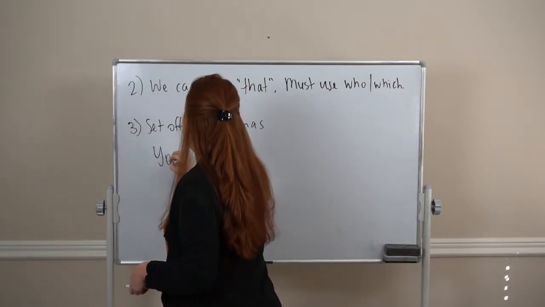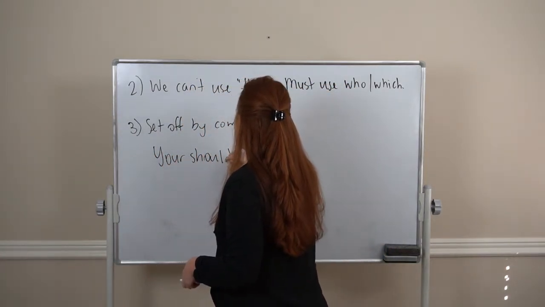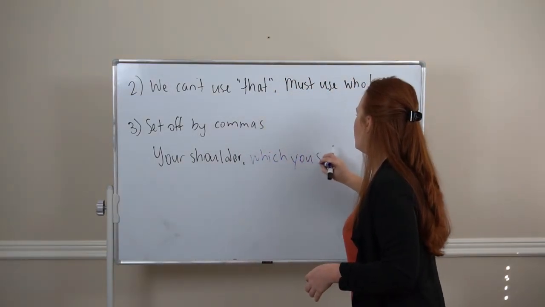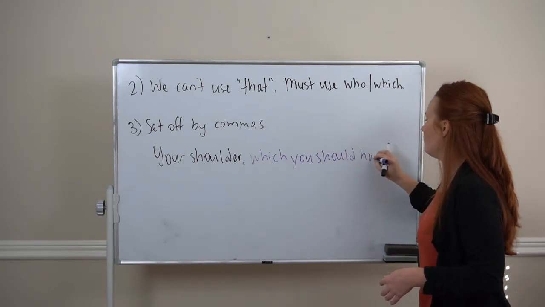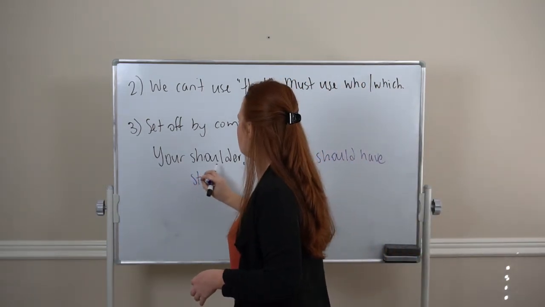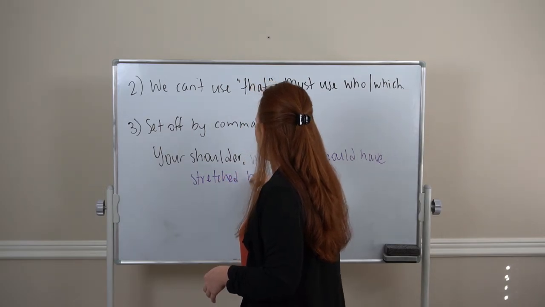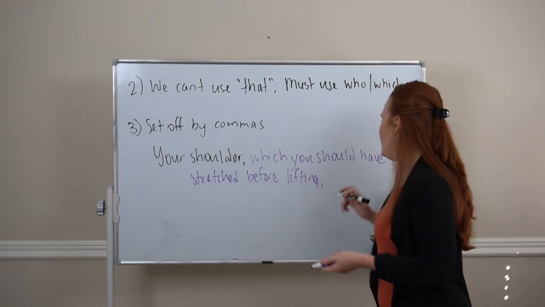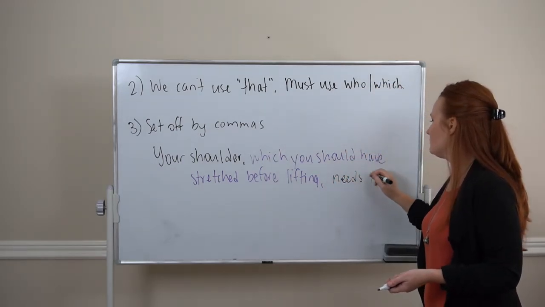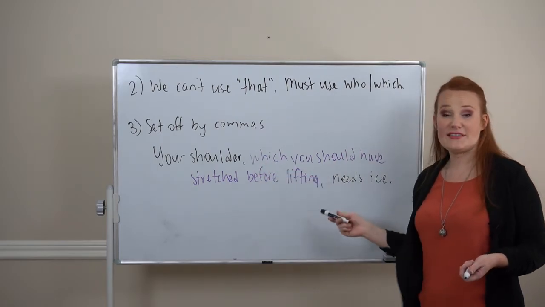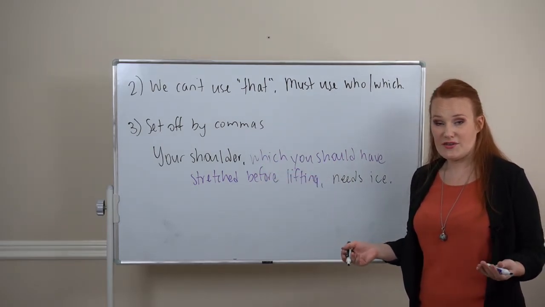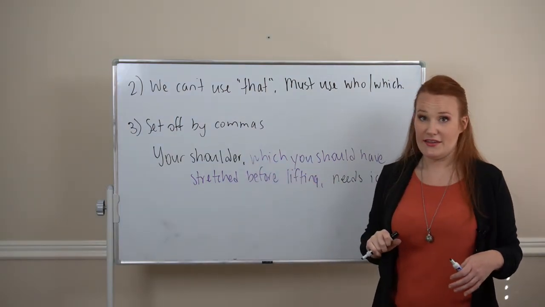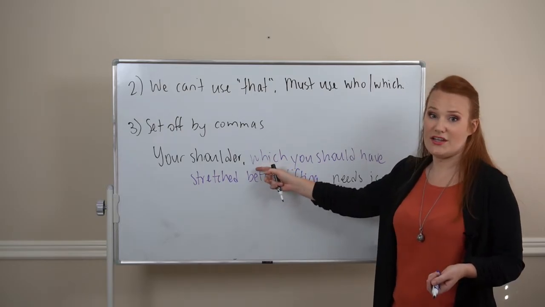Your shoulder, which you should have stretched before lifting, needs ice. So we've got commas surrounding the relative clause. If the relative clause is at the end of the sentence, there'll be a comma first and a period at the end. And again, I've got which here, not that.